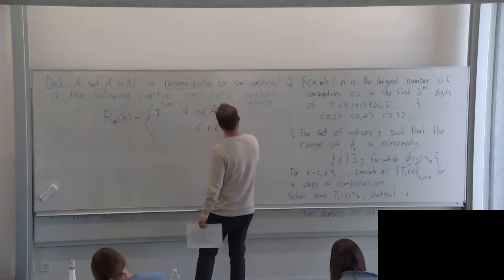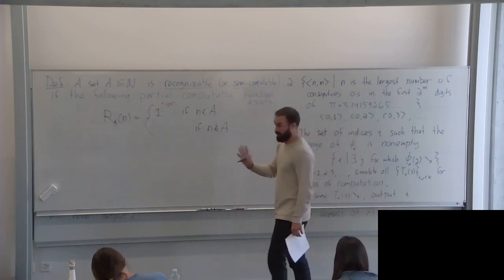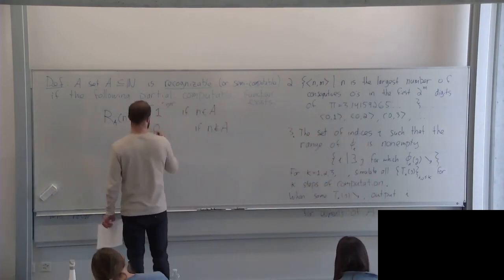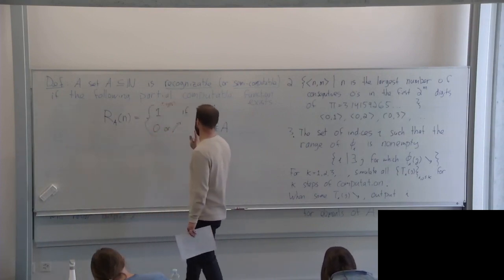If n is not in A, it might not be able to tell. It might be able to tell, so it might say 0, or it might just loop forever.